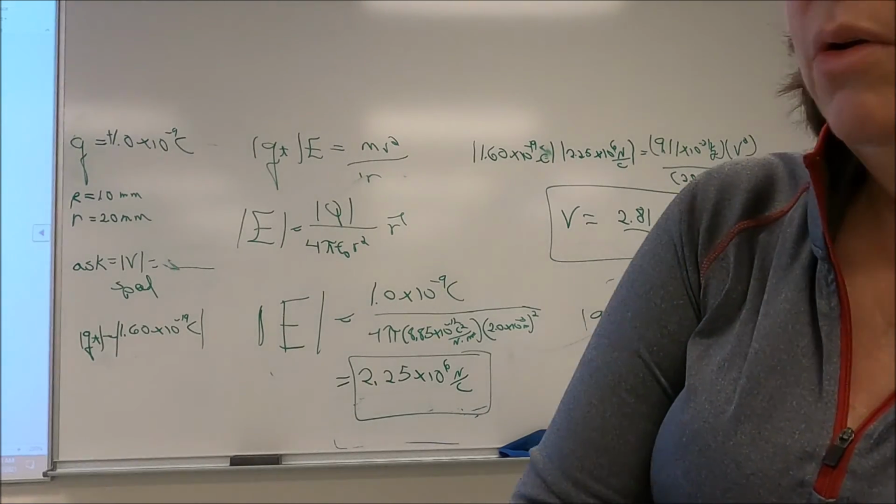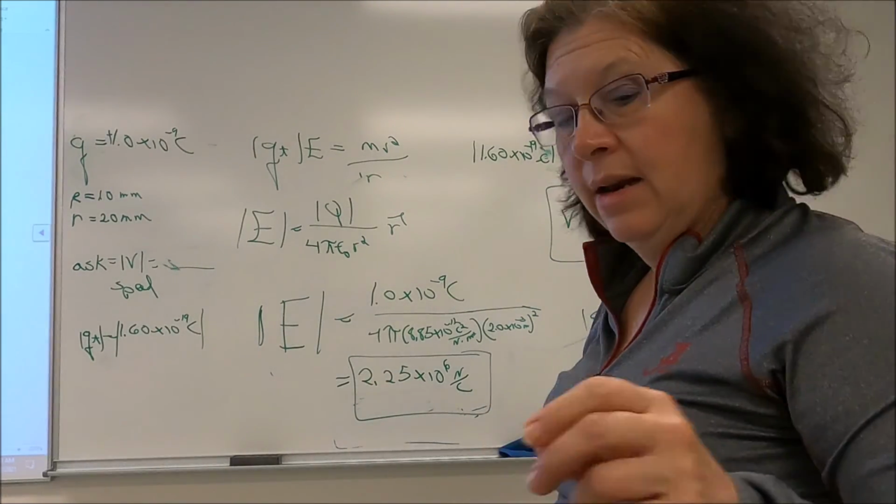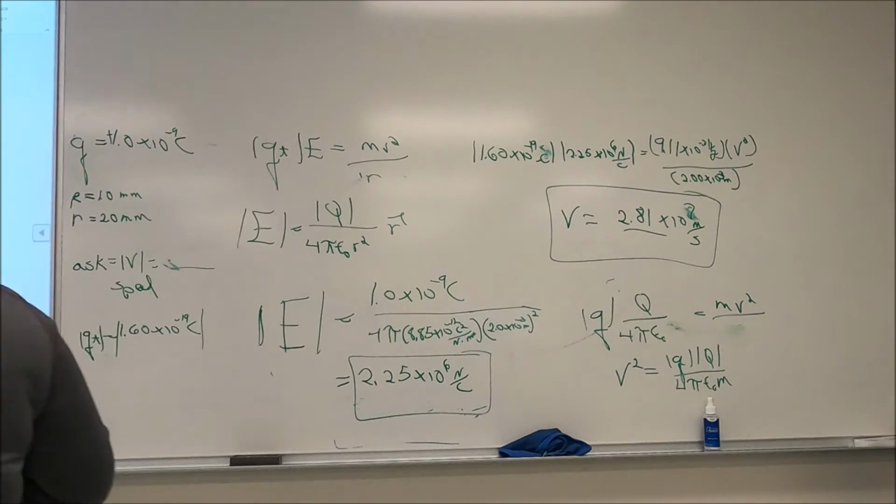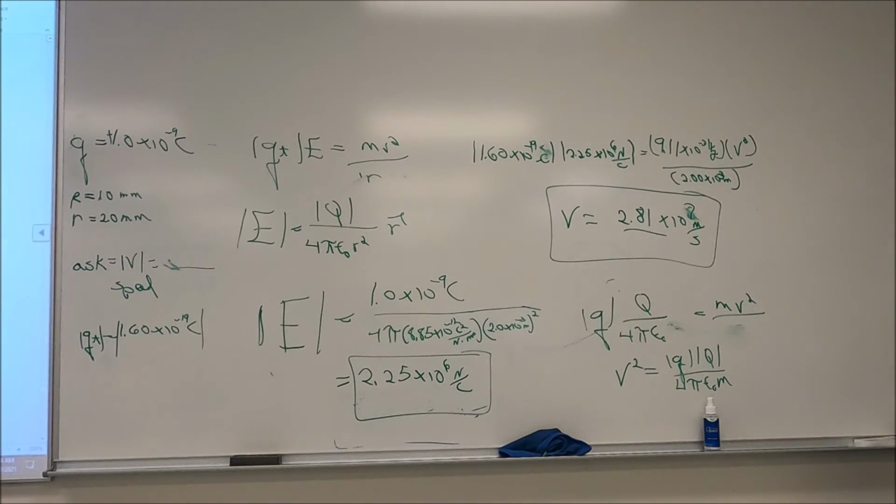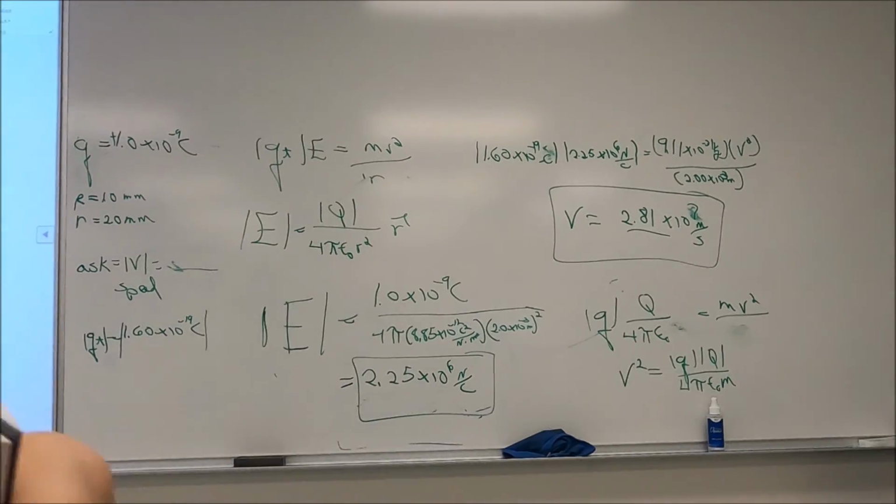Now, we just need to talk then, to finish things up, about what a dipole does in a uniform electric field and what a dipole does in a non-uniform electric field.